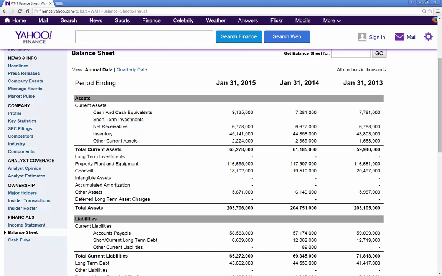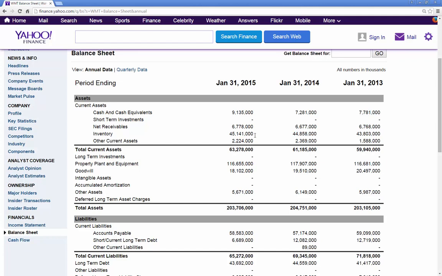So let's take a look. Walmart has cash and cash equivalents of $9,135,000,000. They're not listing any short-term investments. They have receivables. This is money owed to them usually by customers. We know that the average retail customer of Walmart doesn't get credit from Walmart, but perhaps in some of their business-to-business transactions, they do extend credit.